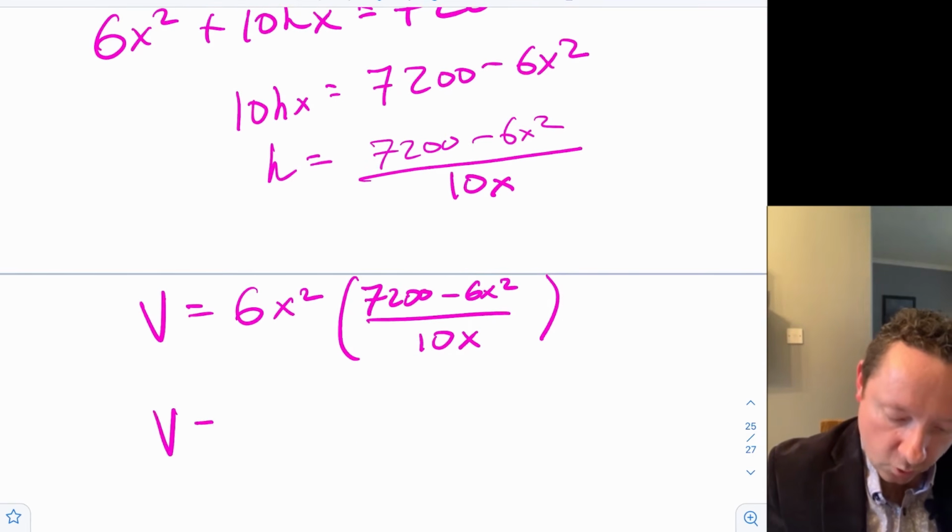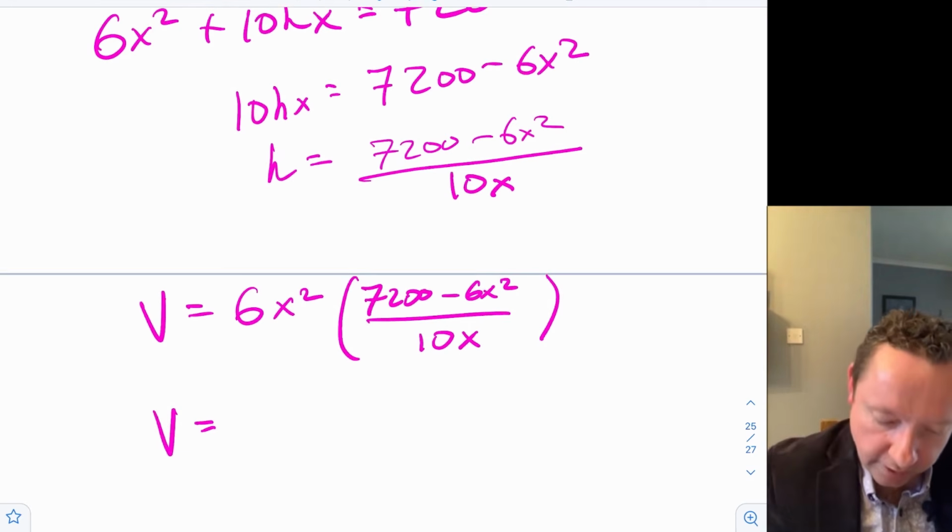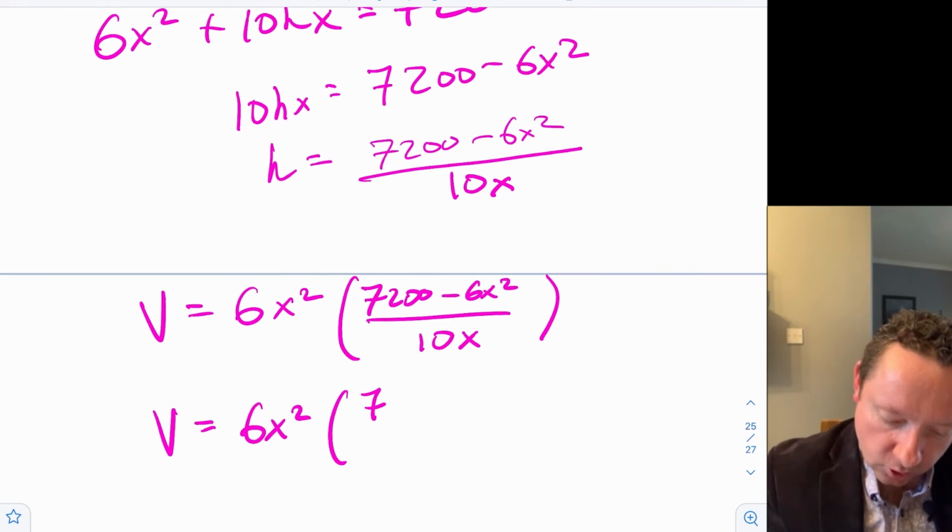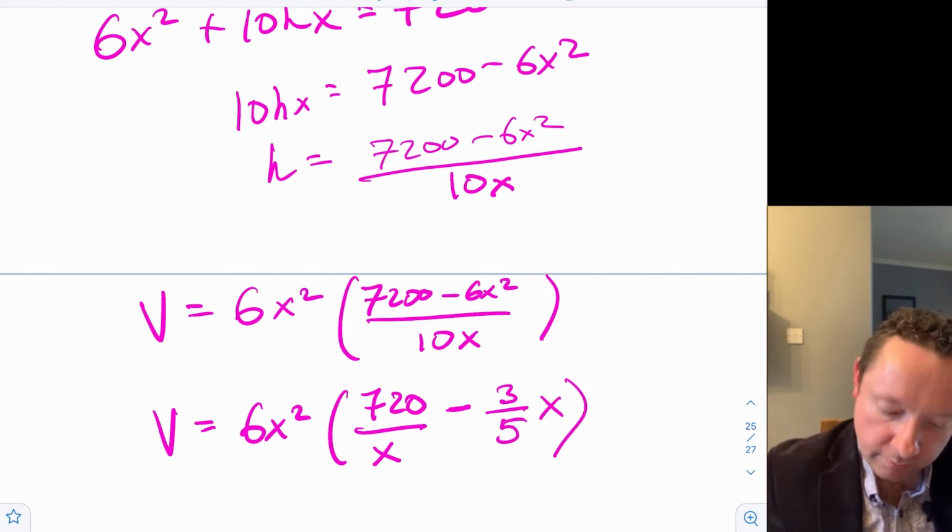So that means our volume equals, well, dividing through by 10 first, I think, we'll get 6x squared, 720 over x minus 3/5 of x. So what I've done there, divided this by 10, so it's still over x, and then dividing this by 2, you get 3/5. X squared over x is just x.